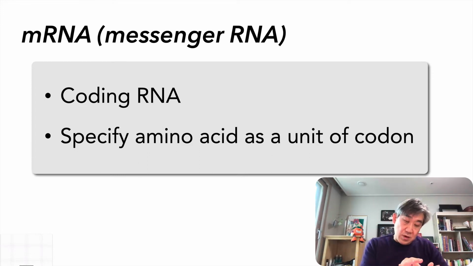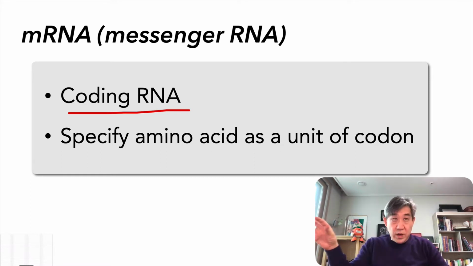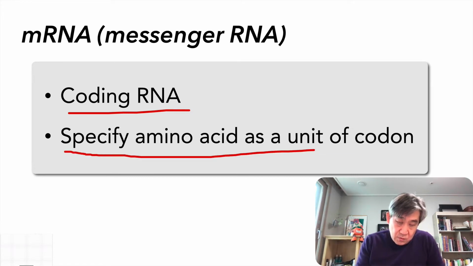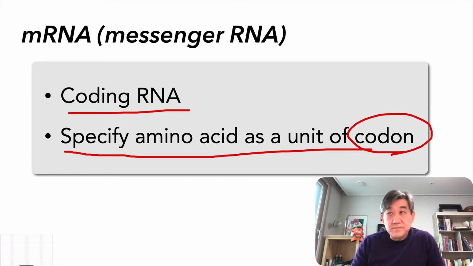It is called a coding RNA because the majority of this messenger RNA is directly related to the amino acid sequence. In that regard it is called coding, because the sequence of a messenger RNA codes for specific amino acids, specifying amino acids as units of codons. The meaning of a codon we are going to take a look at later in this chapter.